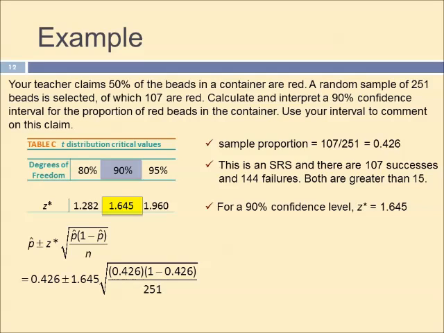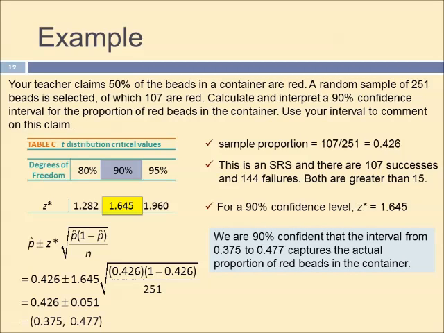So p hat in this case is 0.426 plus or minus the critical z value times the square root of the sample proportion times 1 minus the sample proportion over the sample size. If we crank through those formulas, the margin of error is 0.051, and the confidence interval is 0.375 to 0.477.